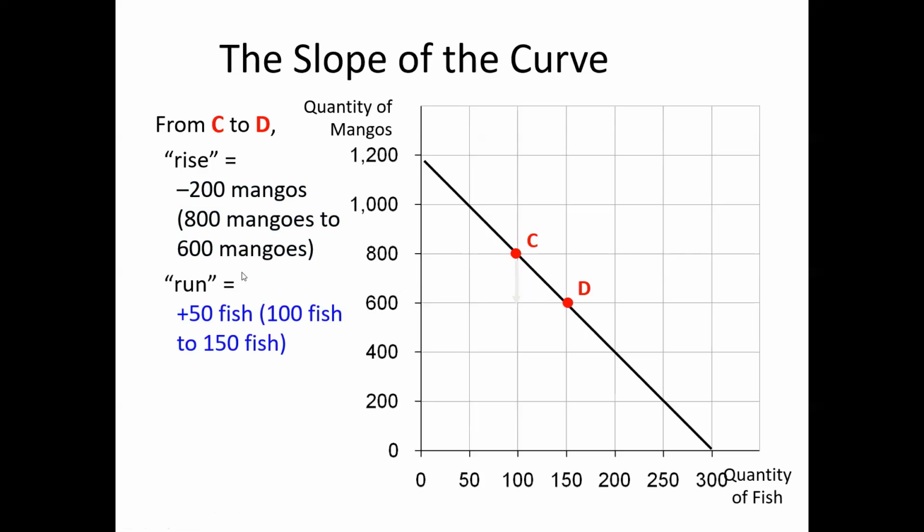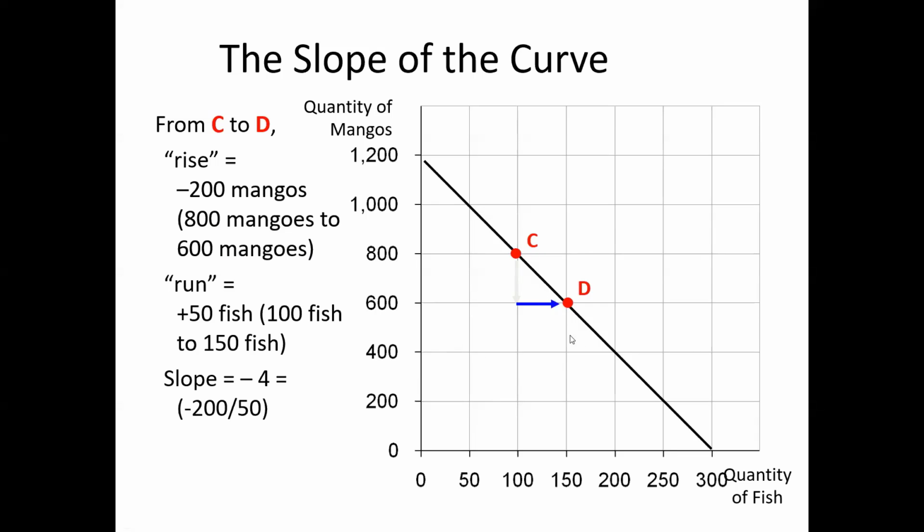When you're going from C to D, first you go down. When you go down, it is minus 200 mangoes, and when you go rightward, it is a 50 increase in fish, from 100 to 150.